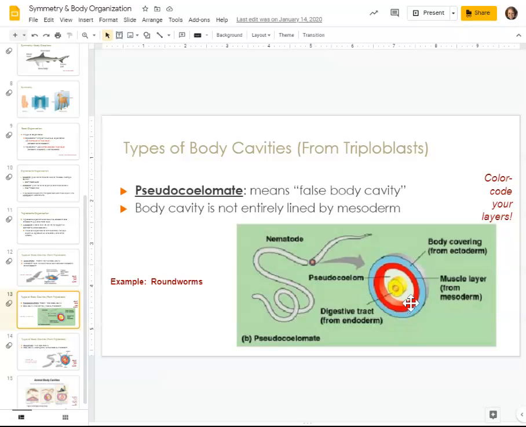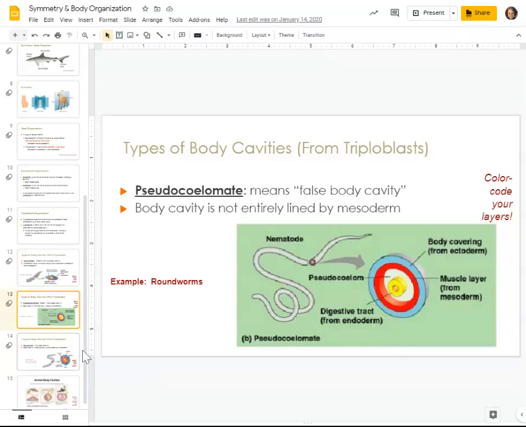And then this is where it gets a little different. The red here is going to be mesoderm. It's going to be their muscles. We'll talk a lot about that later. And then they have this open space. This is not to scale, so it's not going to be this huge space, called a pseudocoelom. So the space in between the endoderm, the yellow part, and the red part, the mesoderm, is called the pseudocoelom, a fake body cavity.